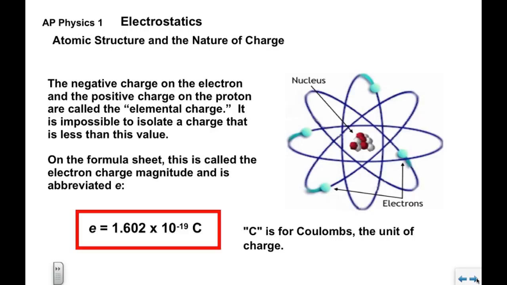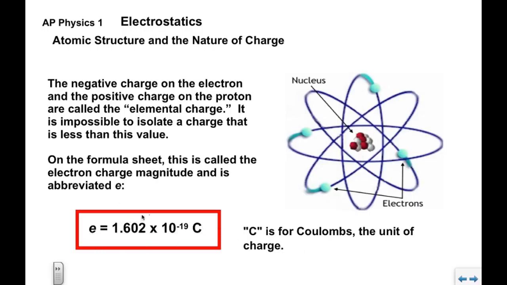Now, the negative charge on the electron and the positive charge on the proton are what's called the elemental charge. It's impossible to isolate a charge that is smaller than this value. On the formula sheet, this is called electron charge magnitude. It's abbreviated with a lowercase e.